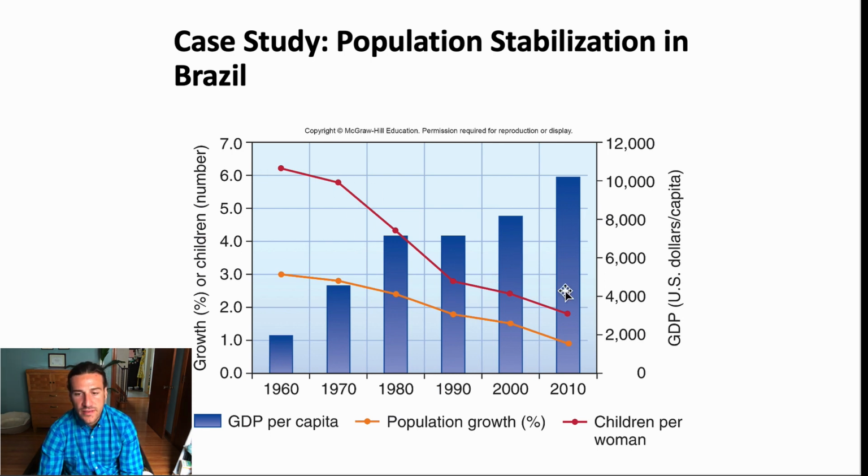What the authors of this figure are trying to show is that as GDP increased in Brazil through time, fertility rates decreased, and the percentage of population growth also decreased.